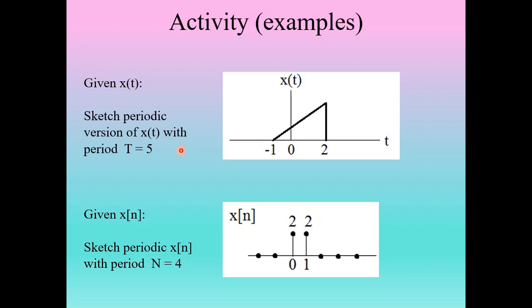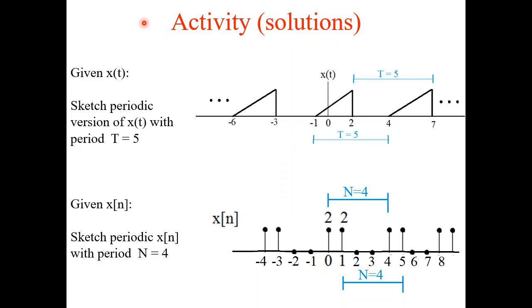So go ahead and sketch about 3 or 4 repeating versions of this with a period of 5. And then the second one is a discrete time example. You're given x of n, which is this little segment of a sequence right here, and you're asked to sketch a periodic version of this with a fundamental period of 4. So go ahead and pause the video and see if you can do this, and we'll look at the results next. So here are the solutions to the activity.